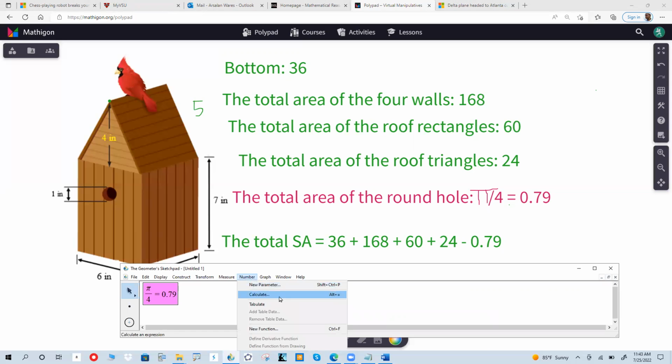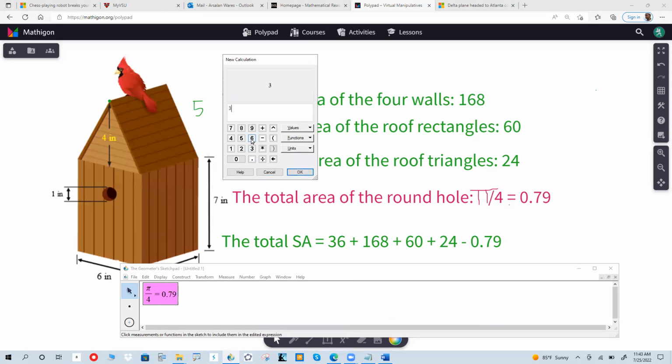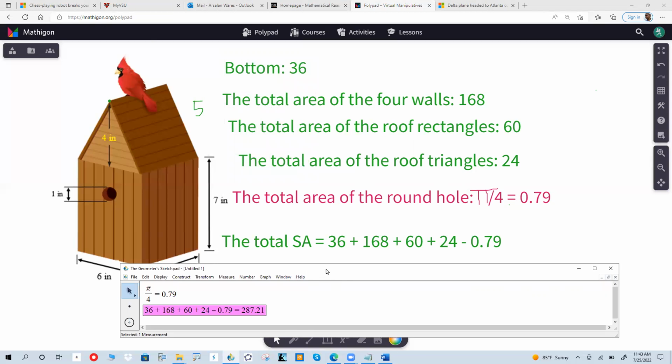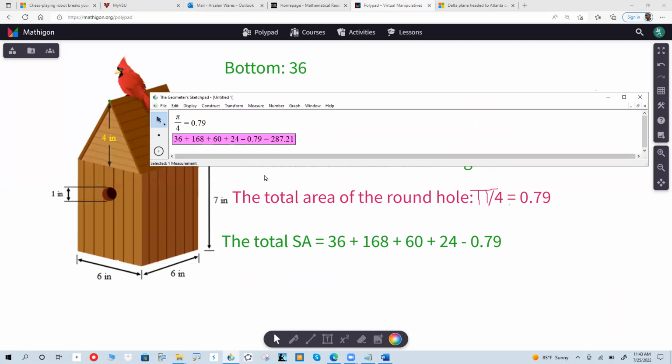36 plus 168 plus 60 plus 24 minus 0.79. I'm getting 287.21. Let me check my answer. 36, 168, 60, 24, subtract 0.79.